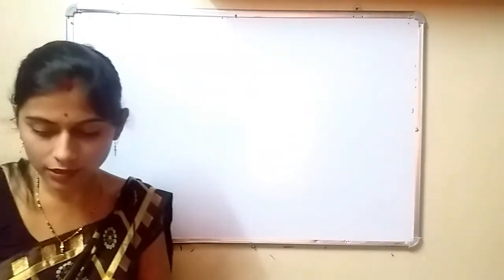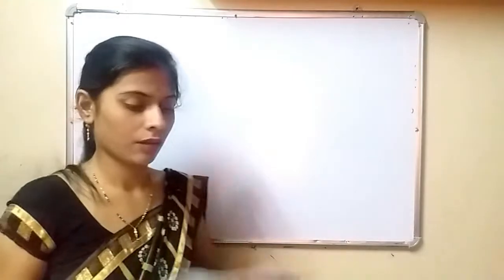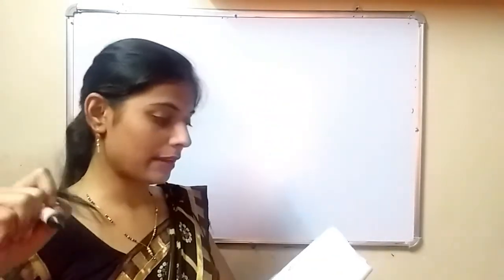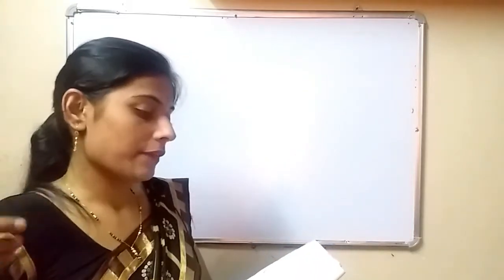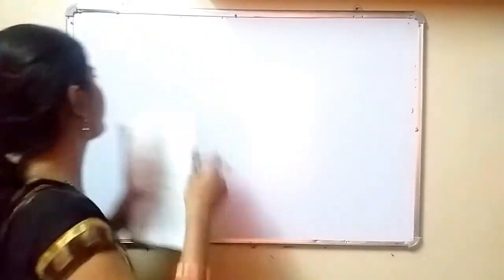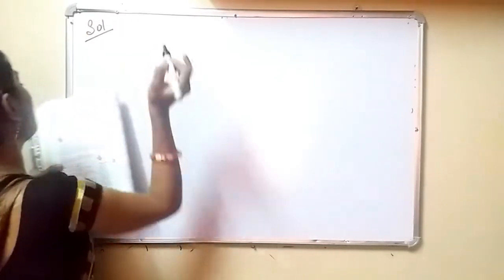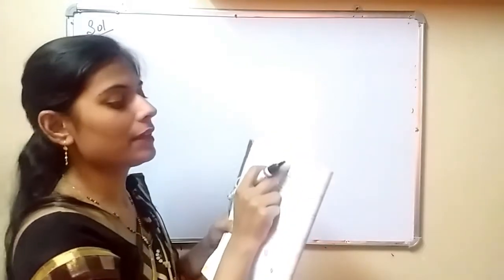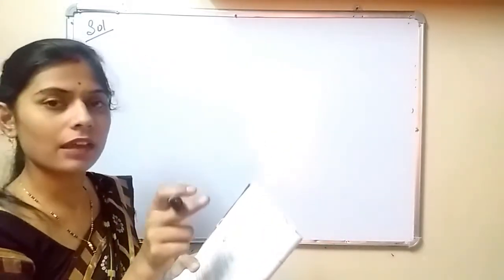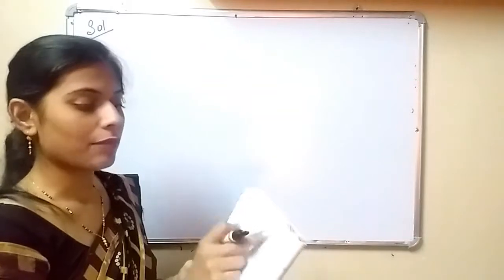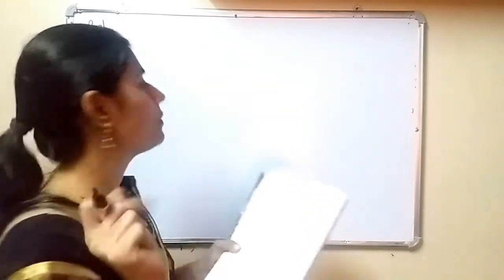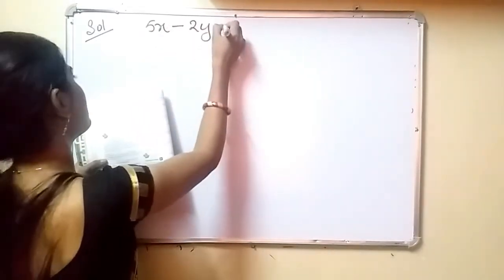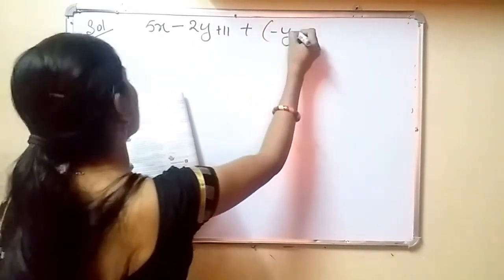So your next question is: from the sum of 5x minus 2y plus 11 and minus y minus 11, subtract 5x minus 2y minus 11. Solution number 7. From the sum of 5x minus 2y plus 11 and minus y minus 11, you have to subtract 5x minus 2y minus 11. So first of all add these: 5x minus 2y plus 11 plus minus y minus 11.